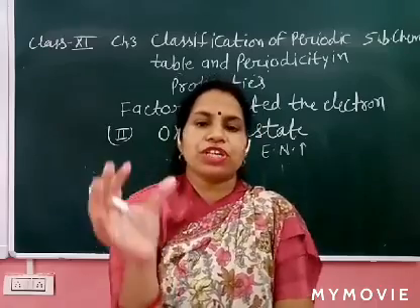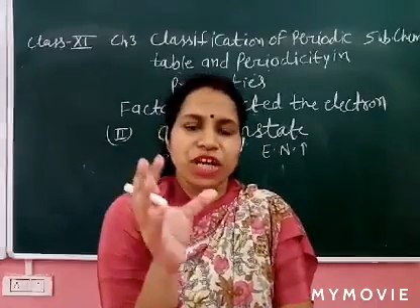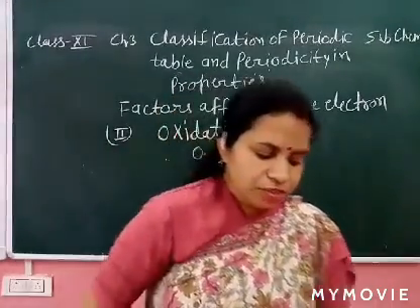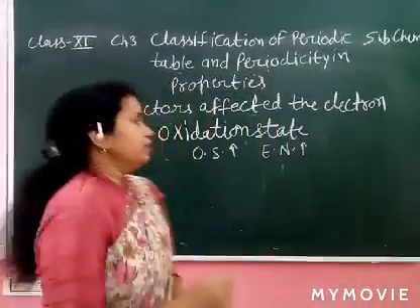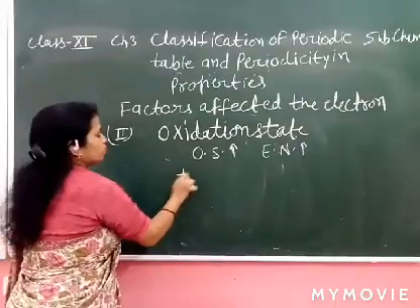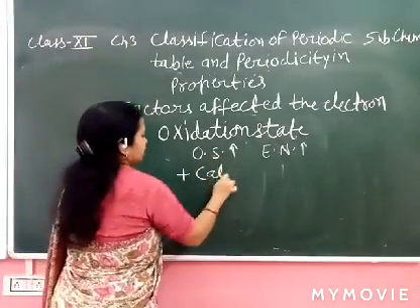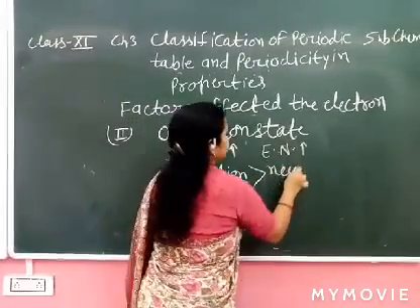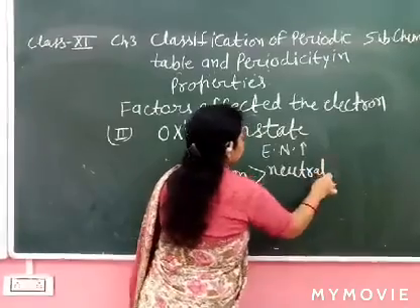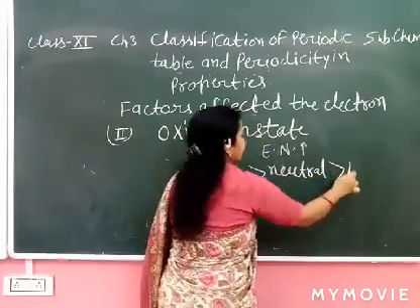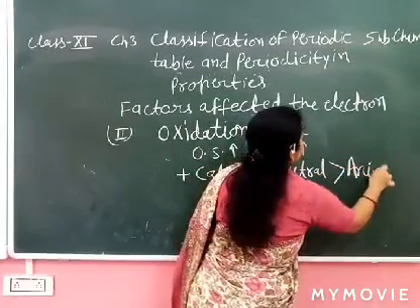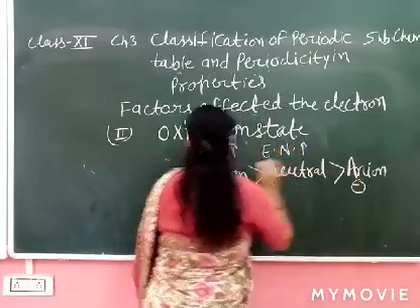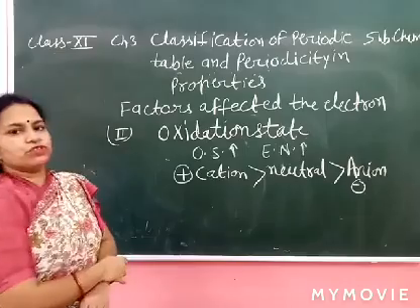Oxidation state is equal to the charge of the ion. Positive is called the cation, then neutral atom, and then anion. Anion means negative charge, cation means positive charge.